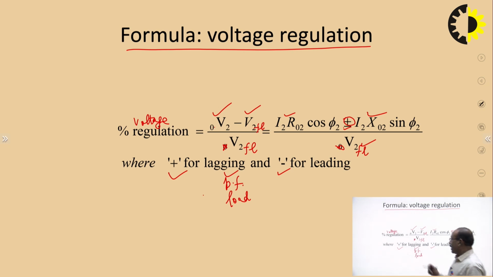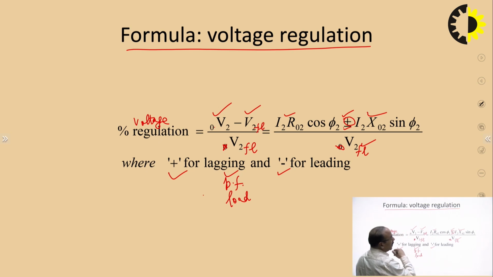So accordingly, in numerical calculations, if a lagging power factor load is connected in the secondary of the transformer, we will use the positive sign in this formula, and if a leading power factor load is connected in the secondary, then we will use the negative sign in this formula. That is the important point.